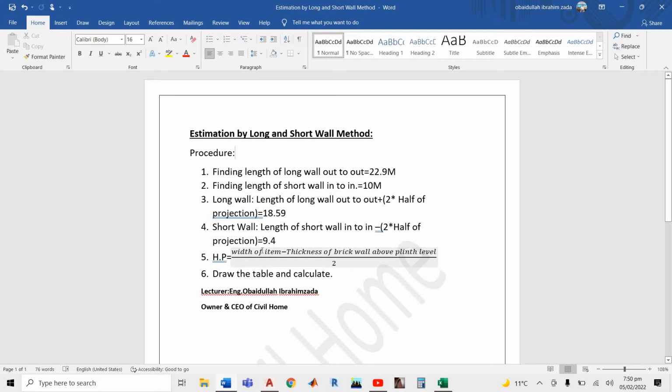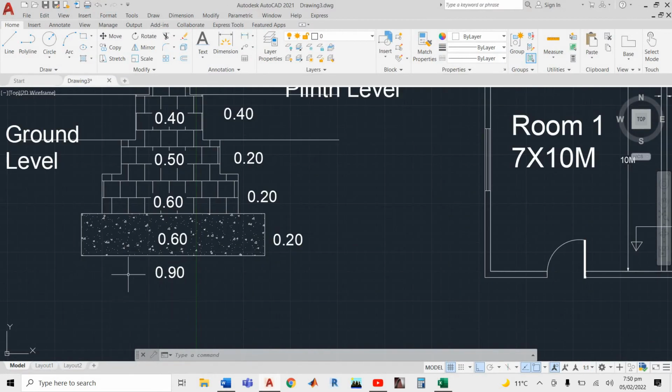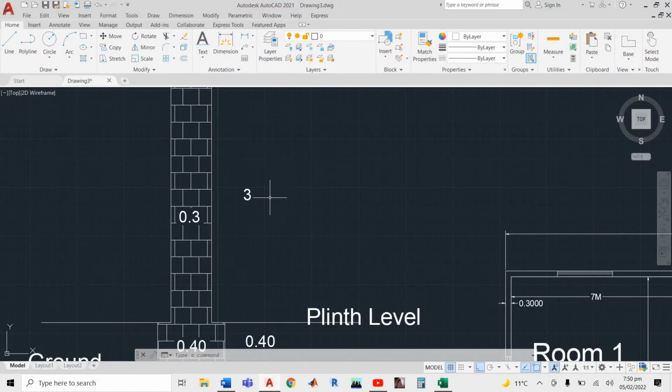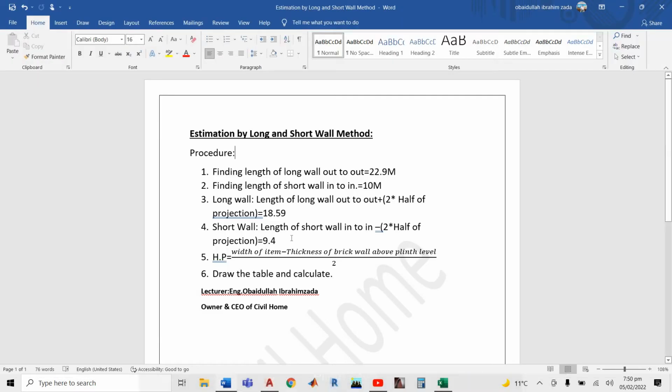What is half projection? The width of the item. What is the width of your short wall? 0.9. As I told you, same as the PPC level. Then minus the thickness of brick wall above plane level, which is 0.3, then divide by 2 to get the half. It becomes 10 minus 0.6, which is 9.4.